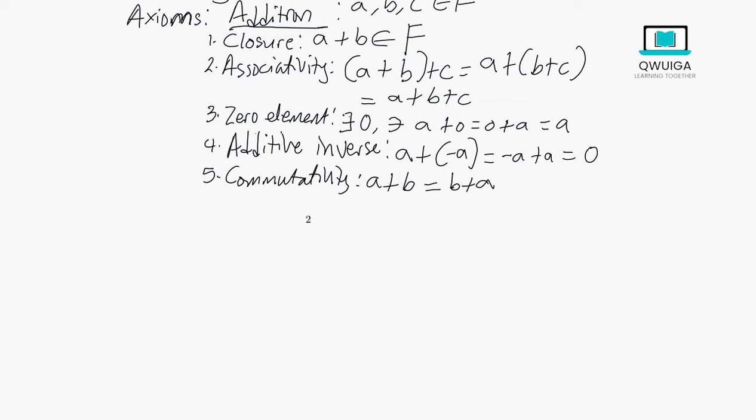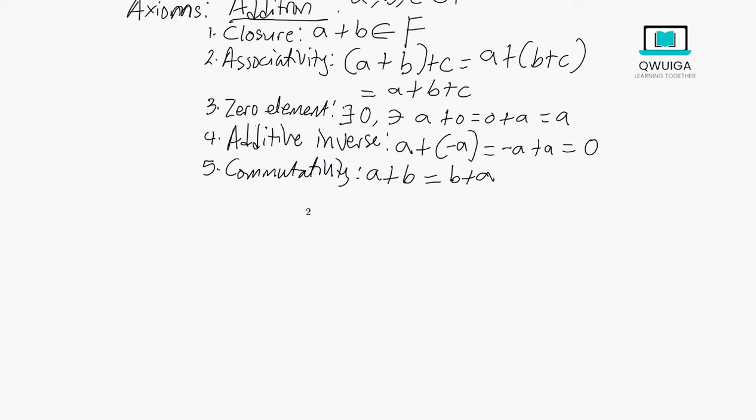There are also axioms to be satisfied by the set under multiplication if that set will be called a field. Under multiplication, we have once again a closure property.